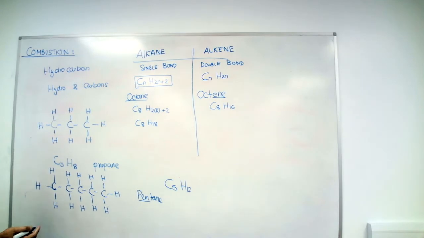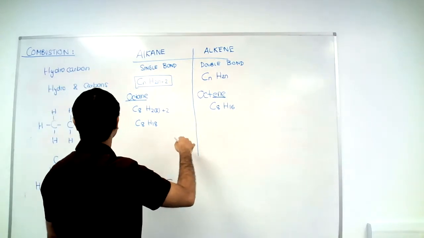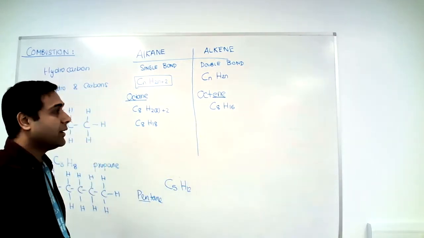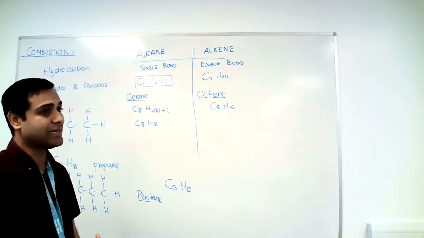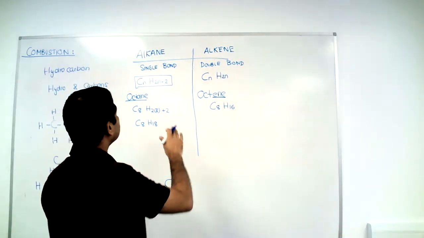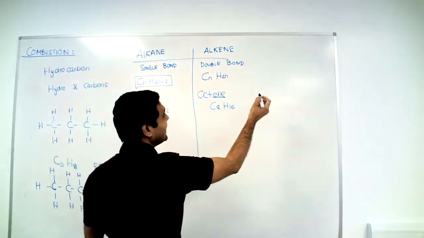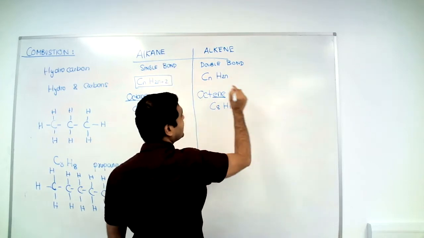How is it going to work? If I do one simple one, then you can look at the other. The way it goes is methane, ethane, propane, butane, pentane, hexane, heptane, octane, nonane, and so on. Now, let's say I want to do butane from the alkane group.